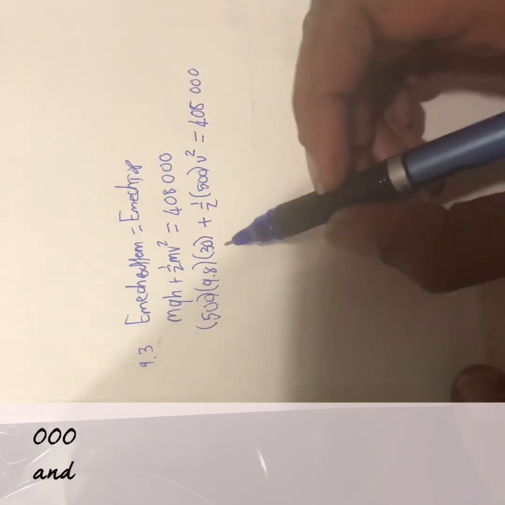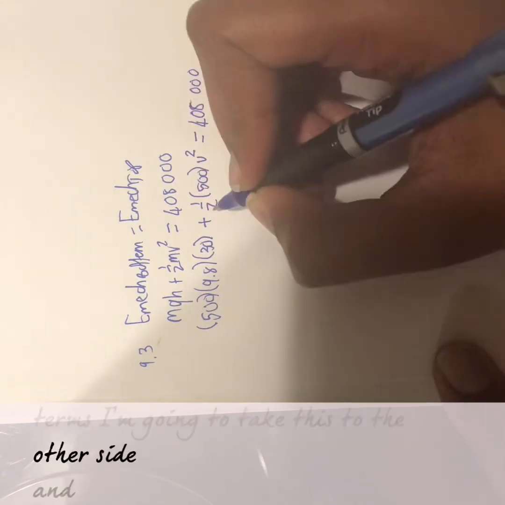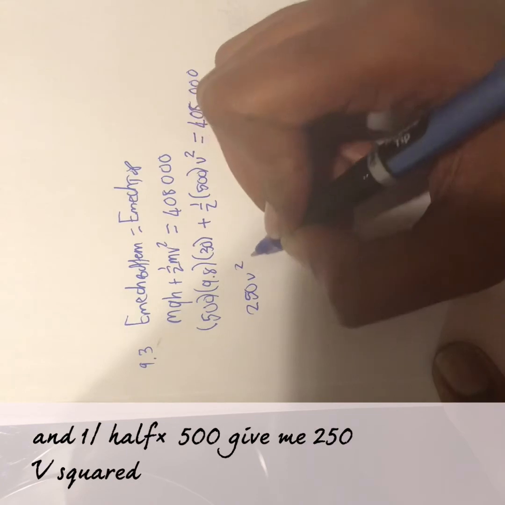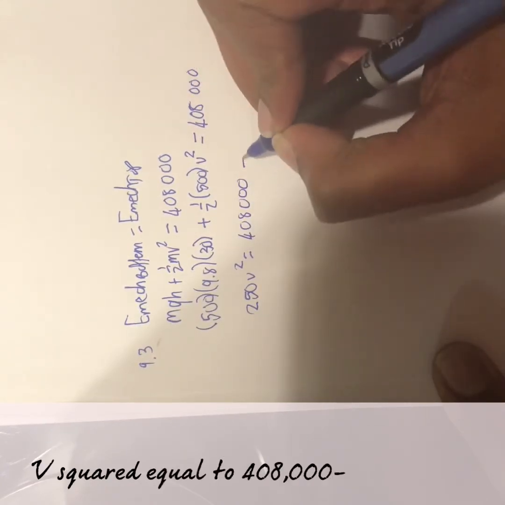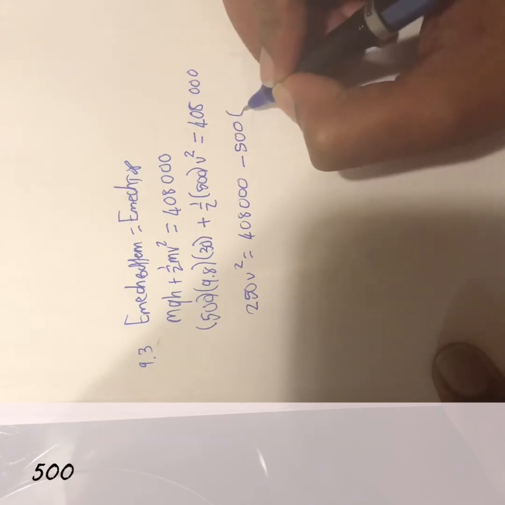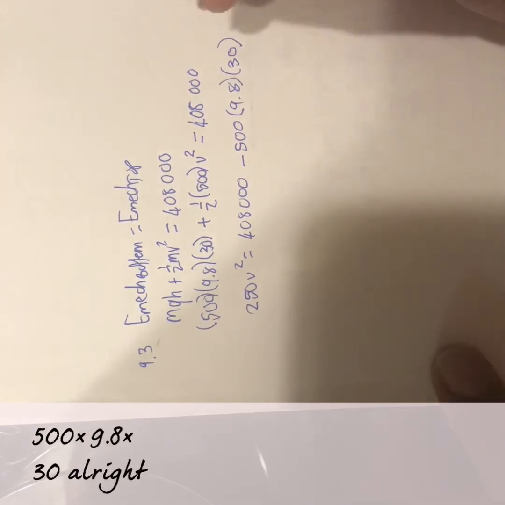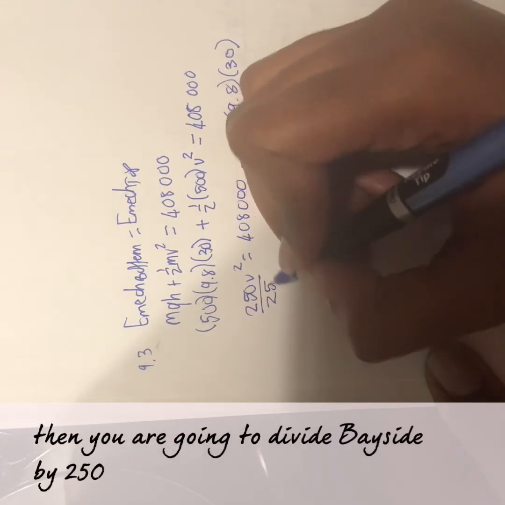equal to 408,000. And remember, these are two terms, so I'm going to take this to the other side. A half times 500 gives me 250 v squared equal to 408,000 minus 500 times 9.8 times 30. Then you are going to divide both sides by 250.